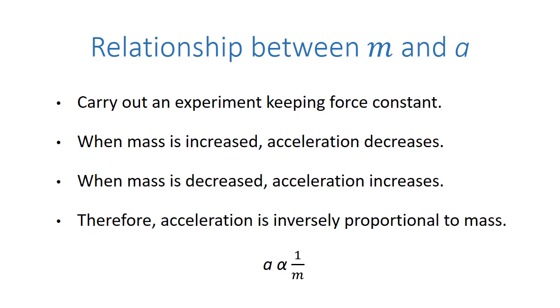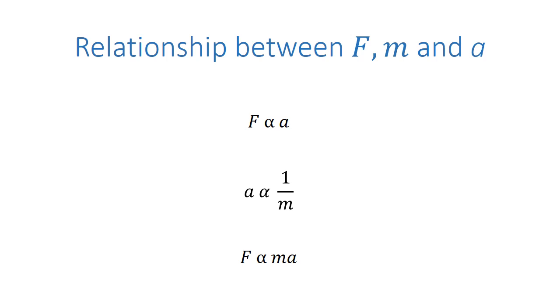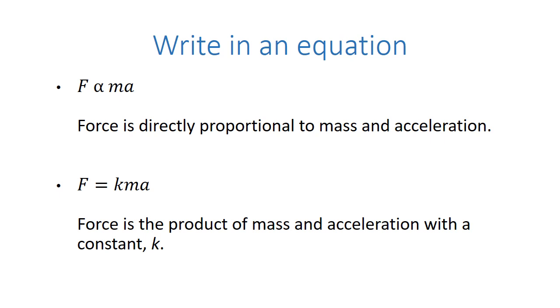And this time, when we combine the results of the two experiments together, we find that force is directly proportional to mass and also acceleration. Isn't it easy? Now, we need to write down the proportionality as an equation.